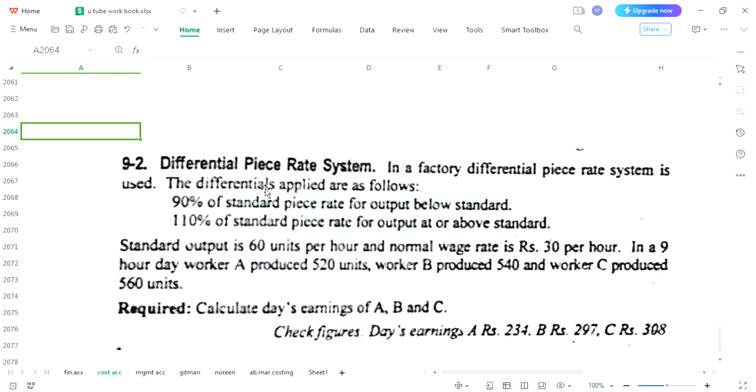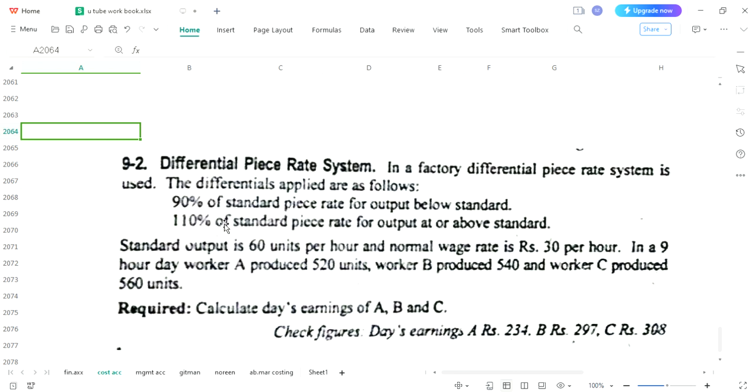A worker who had produced number of units more than standard, we should appreciate financially. If a worker had produced less number of units than standard, we should discourage him financially. And this is called differential piece rate system. And how are we differentiating? If a worker had produced less than standard, we will give him only 90% of his wages and 10% would be deducted.